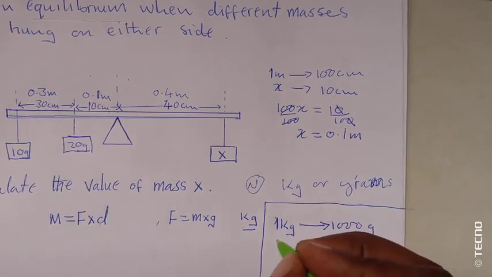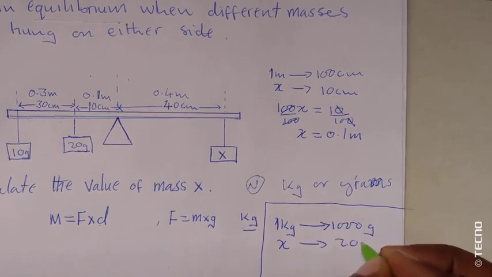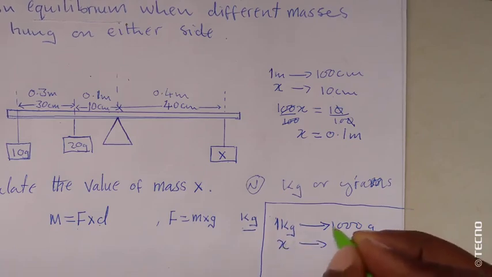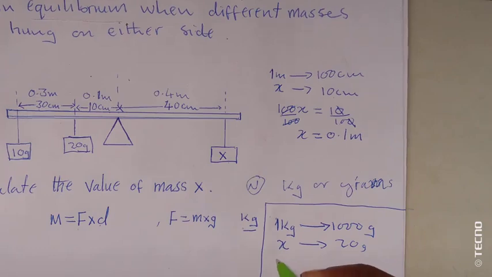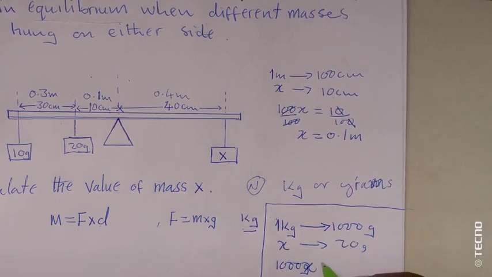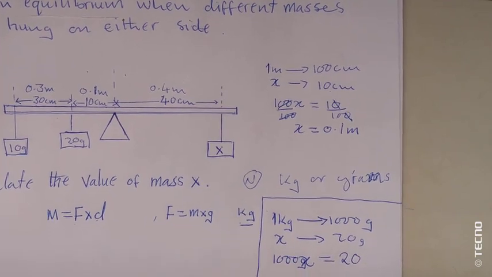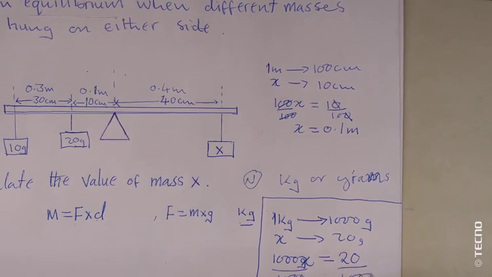So x there is equivalent to 20 grams. When we multiply this and this, you get 1000x is equal to 20. You divide by 1000 on both sides.